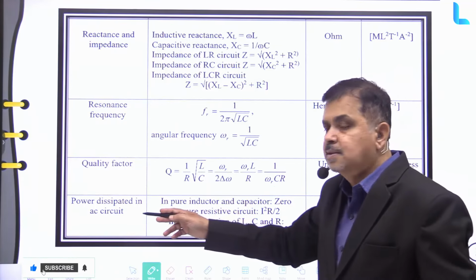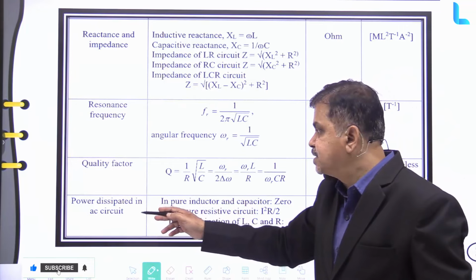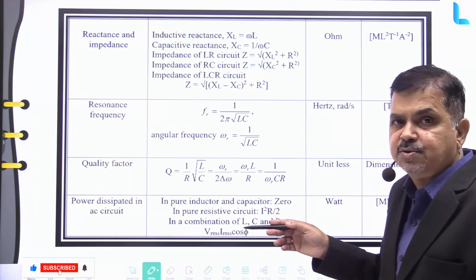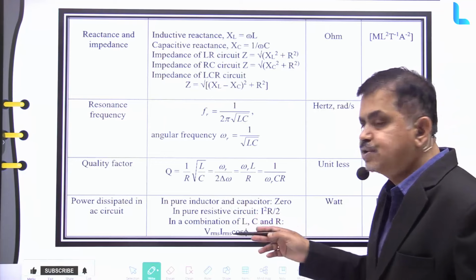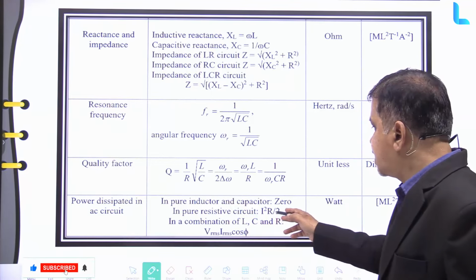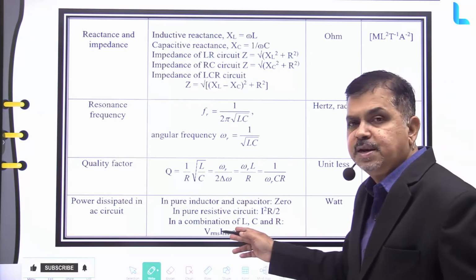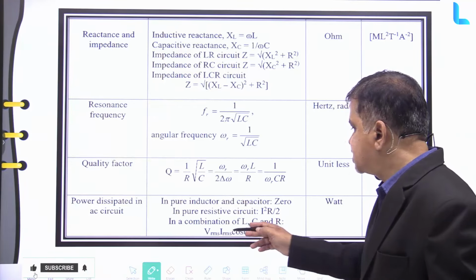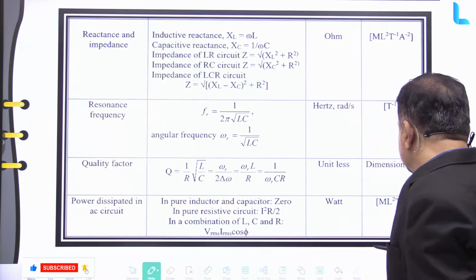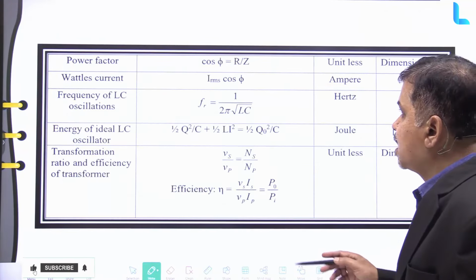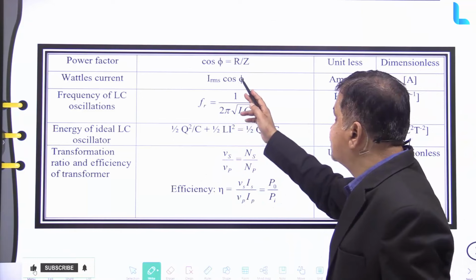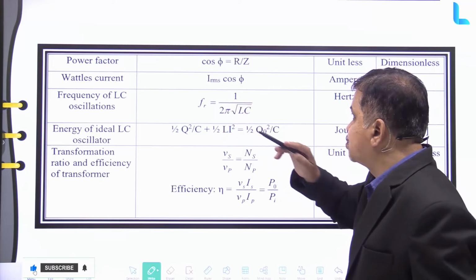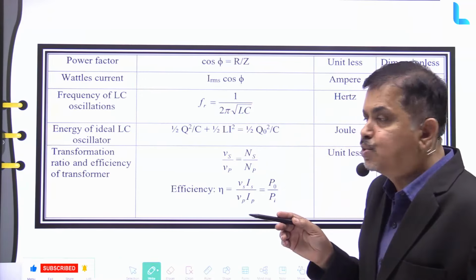Further, for the power dissipated in an AC circuit, in a pure inductor and capacitor it is equal to 0, in a pure resistive circuit it is I square R divided by 2, and in a combination of L, C and R circuit we have VRMS into IRMS into cos phi, and the unit is watts. For the power factor, cos phi is given by R divided by Z, and for the wattless current we have IRMS into cos phi, and ampere is the unit.